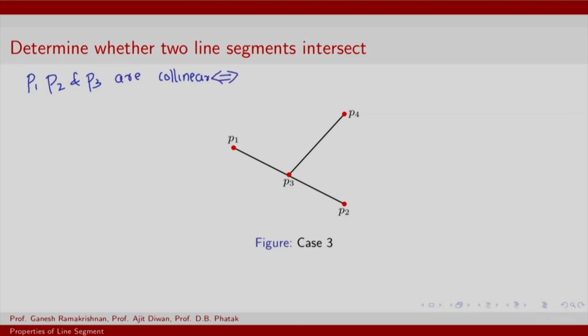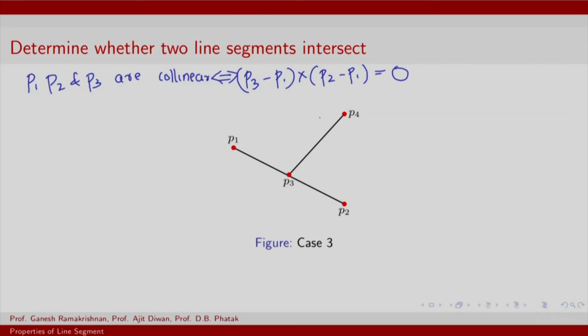Well, if they are collinear, we would expect that P3 is neither counterclockwise nor clockwise from P2 with respect to P1. It can be neither positive nor negative. So we would expect this cross product of P3 minus P1 with P2 minus P1 to be 0.